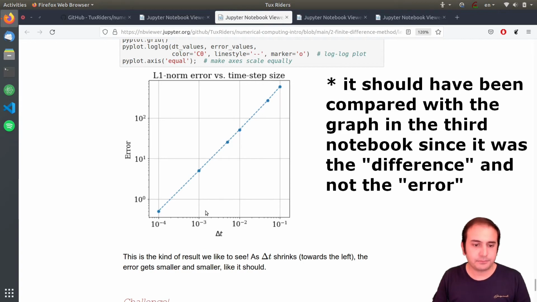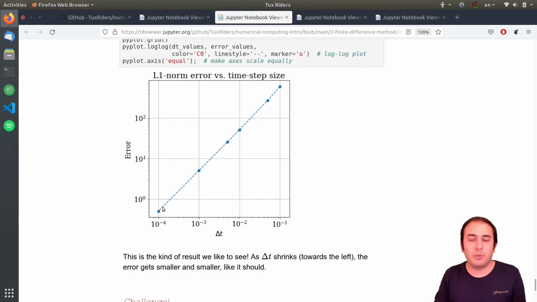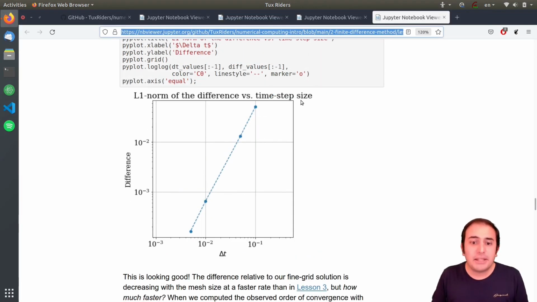Yeah, this is the grid convergence for the Euler method, and you see that even for a super small time step, we have still error in the order of 1, let's say, and a bit smaller. But for the Runge-Kutta, you can see this is the curve for the Runge-Kutta, as I said. For Runge-Kutta, you can see that in order of 10 to the minus 2, we have a very low error.